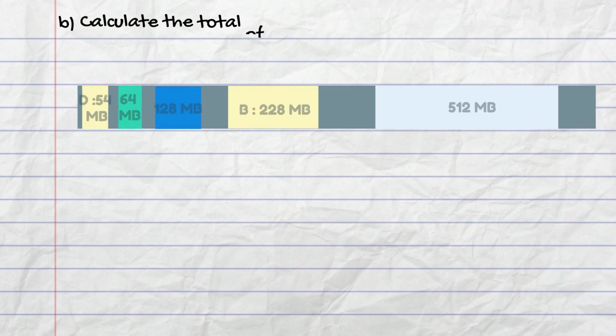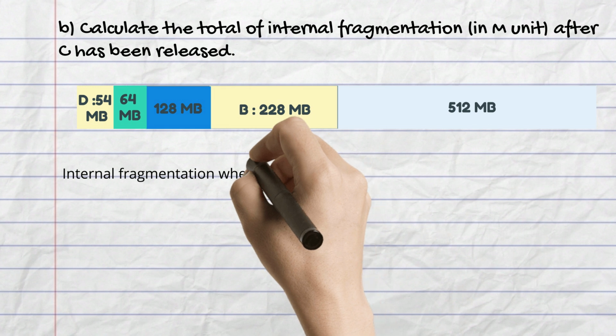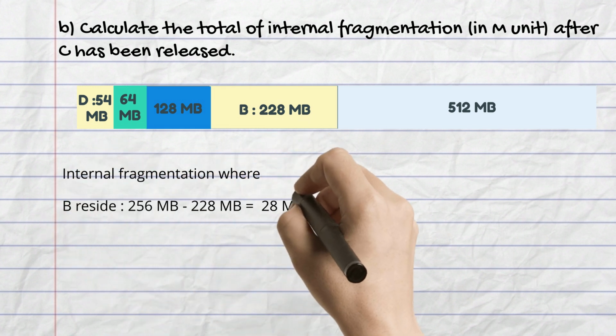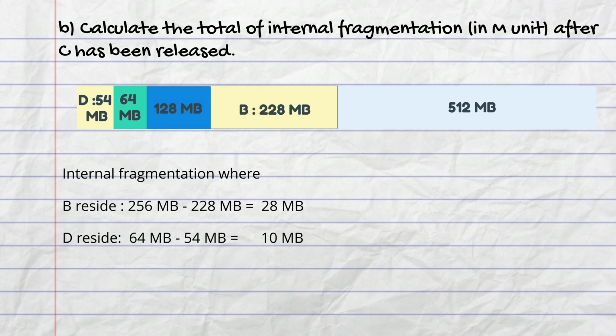We will now compute the internal fragmentation for each process that is running in the memory block in order to determine the overall internal fragmentation after process C has been released. After deducting the 228 megabyte process B memory requirement from the 256 megabyte block, the internal fragmentation where B resides is equal to 28 megabytes.